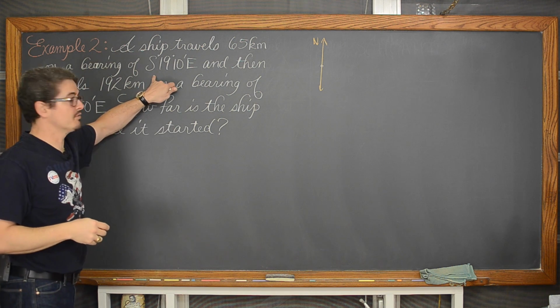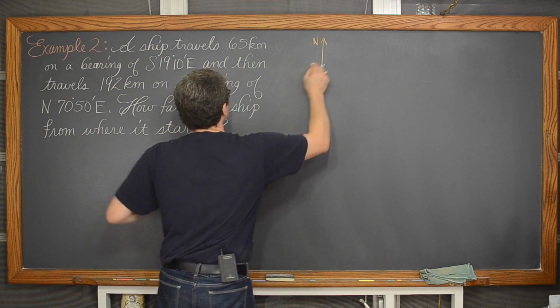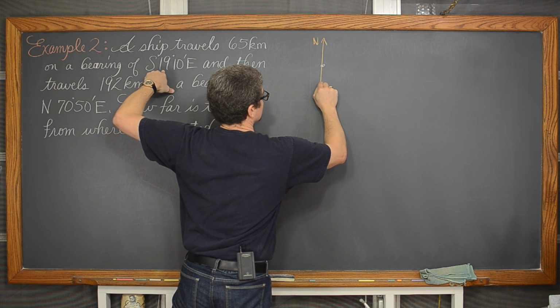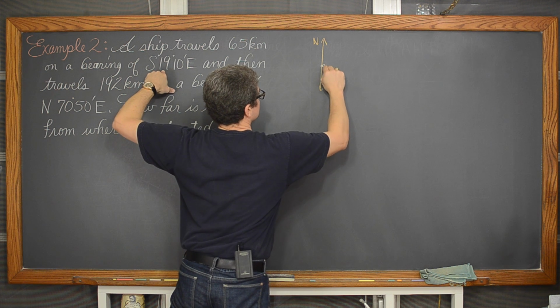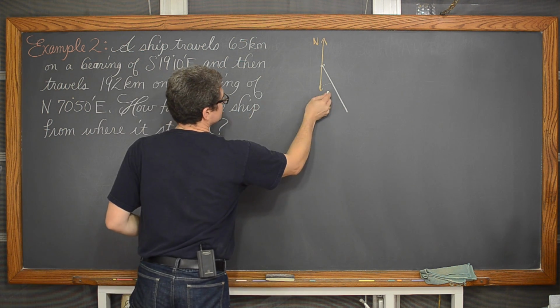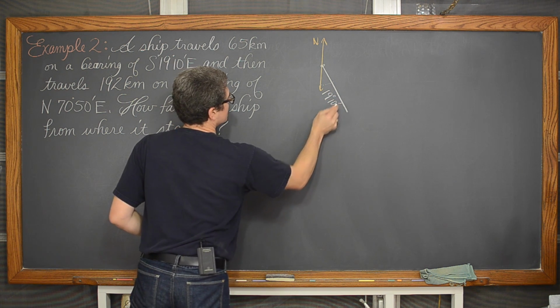And we're referencing south first. So from this point, we're going to rotate basically 19 degrees or 20 degrees or whatever. But again, I'm not using a protractor, so let's just call that 19 degrees 10 minutes.